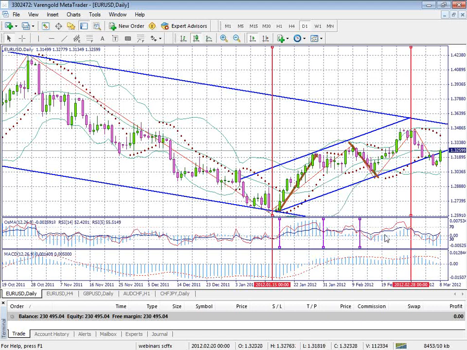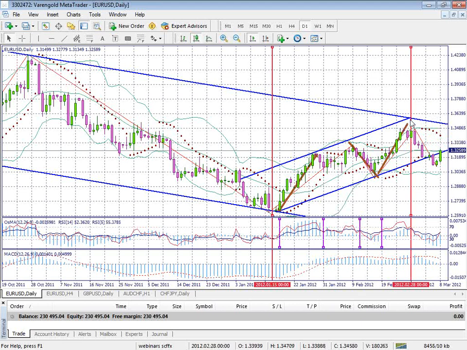Okay, and after that we have that signal that was for a buy. And we have a few days when the currency was going up: 1, 2, 3, 4, 5, 6, 7, 8 days.